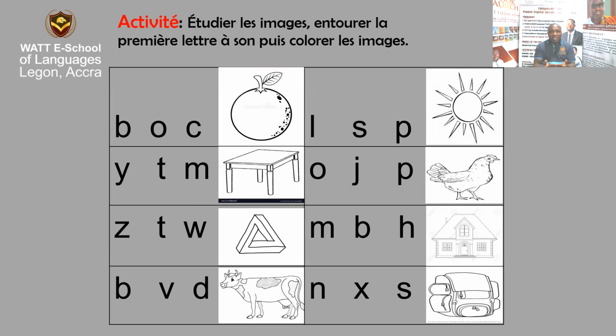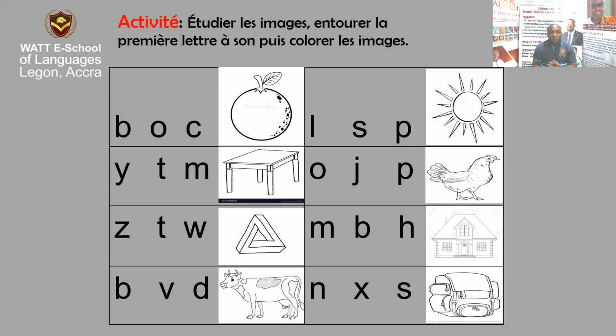So when I read and you hear the sound, tell me the first letter sound so that it will be circled. Okay? Before I ask a question, let me explain again. You can see on your screen or in the book, we have 8 images and letters are against them. Here we are asking you to circle the first letter sound based on the name of the image that you see.